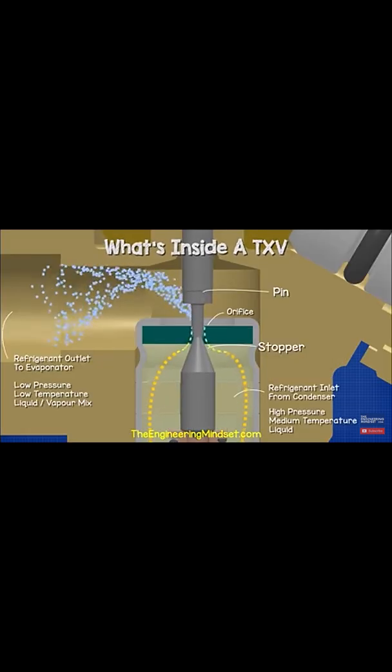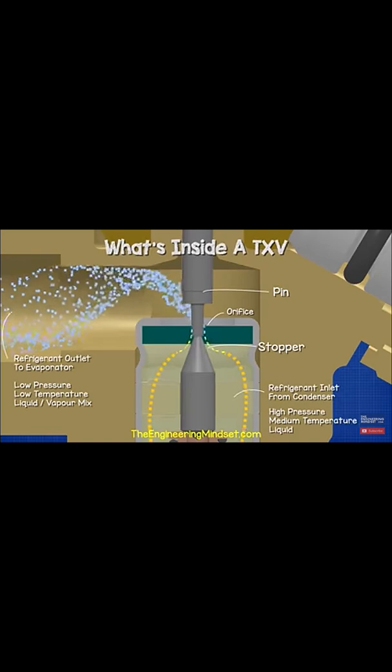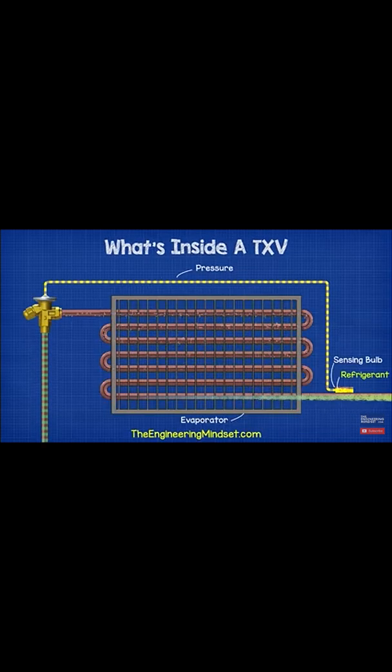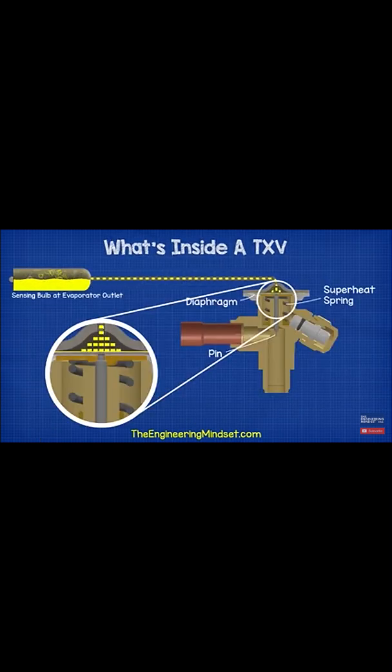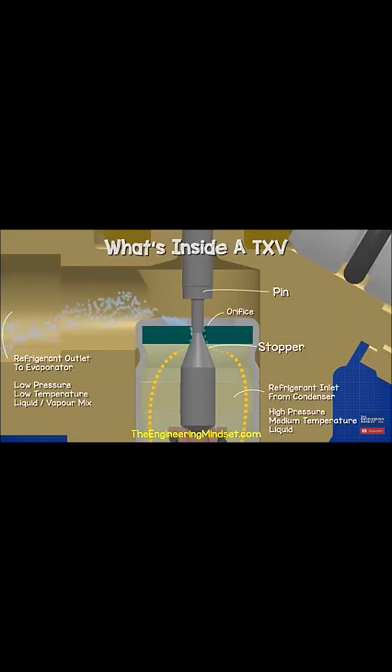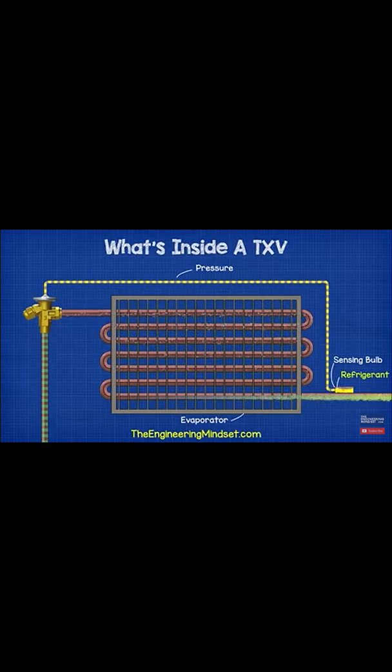As more refrigerant flows, the superheat decreases, and so the pressure in the sensing bulb and capillary tube decreases, which means there's less pressure pushing the diaphragm down. The spring then pushes the diaphragm back up, which causes the pin to move up, and as the pin rises, the spring-loaded stopper begins to close the orifice, which reduces the amount of refrigerant that can flow. This repeats constantly and stabilizes the valve to ensure the correct amount of refrigerant can flow.